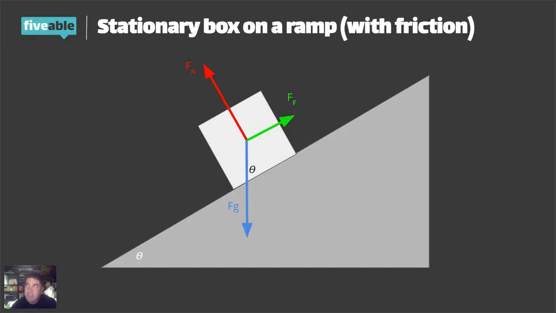But none of them point the same directions. It's not as simple as back when we did the box sitting on a table, where up and down cancel out because they're going opposite directions, and left and right cancel out. Here, there is no up and down. I've got down, I've got perpendicular, and I've got parallel to the surface.